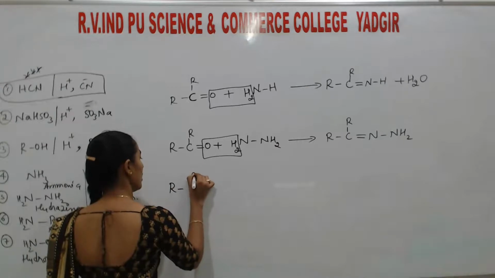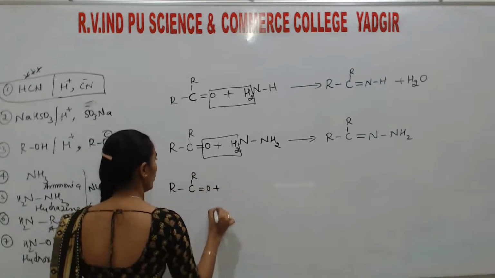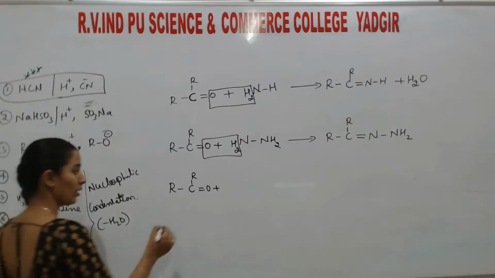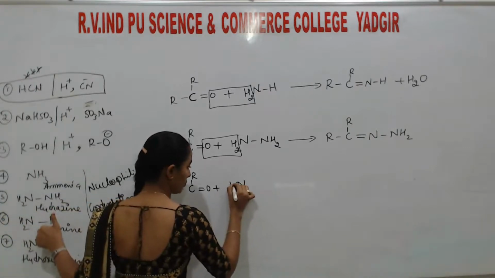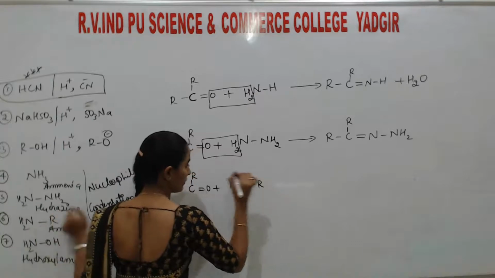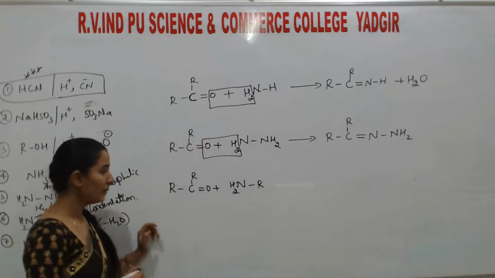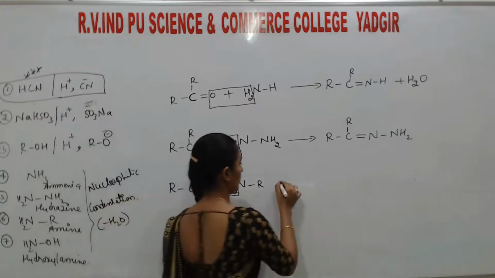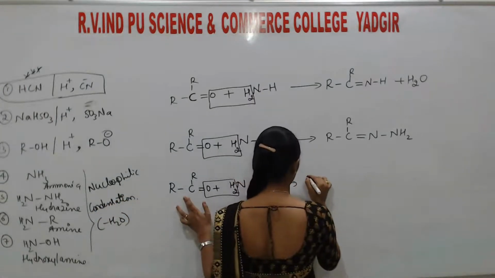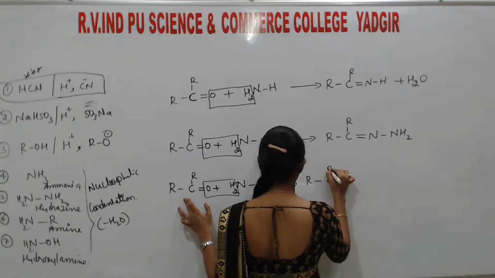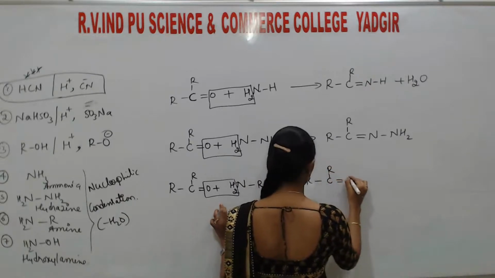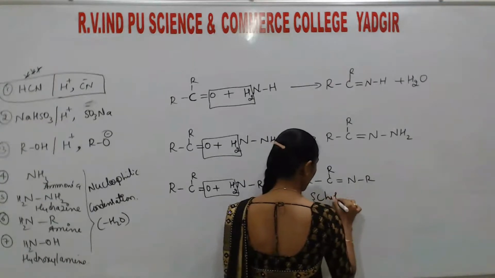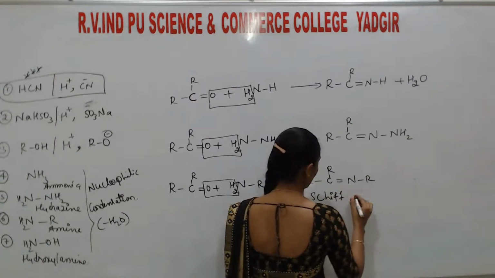Next, R, C, R, double bond plus this one, amine, that is NH2, R. Okay, so this one is R, C, R, double bond, N. So students, this one is called Schiff reagent.